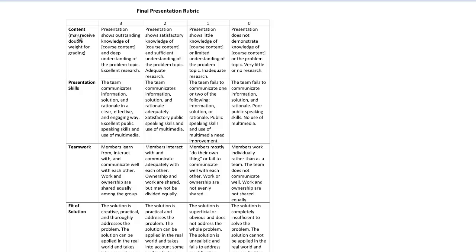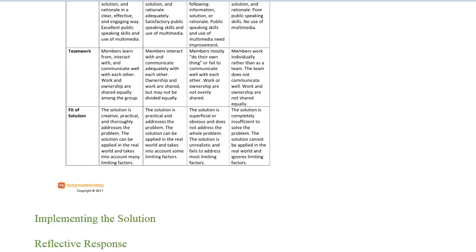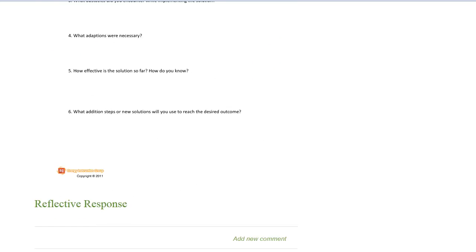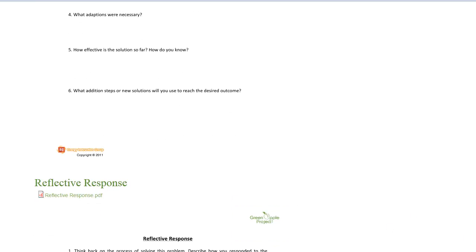And here we have, in a group's presentation, what's the content, what would be looking for to get the various grades, presentation skills, teamwork, how the solution fits. Then we have implementing the solution, and then a reflective response.